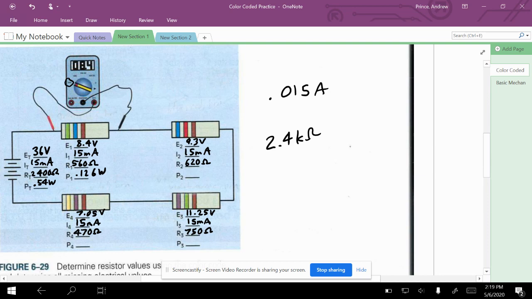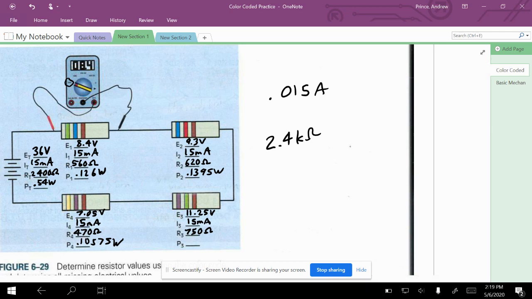Resistor 2, 9.3 times 0.015 gives you 0.1395. 7.05 for resistor 4 times 0.015 gives you 0.105. We'll carry it out a few more decimal places here just to make sure we get the most accurate answers. But the 3 decimal places would be fine.